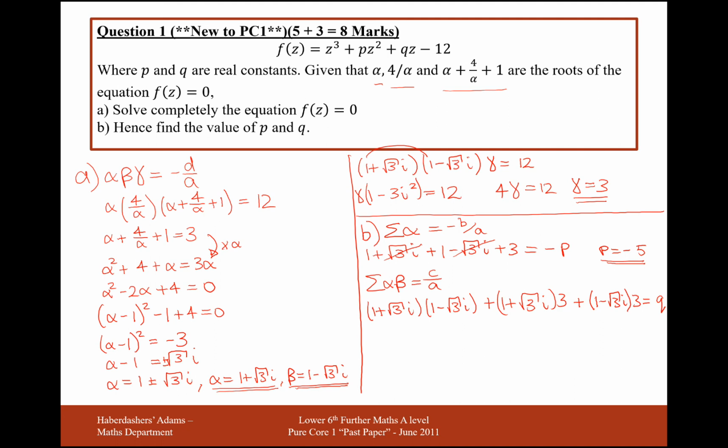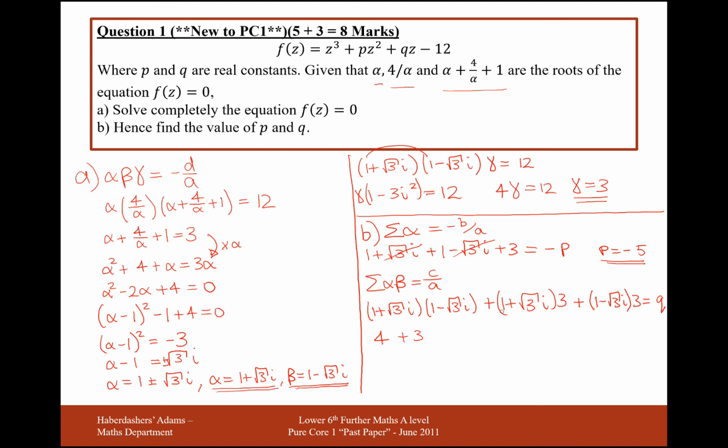Now, let's simplify what we can here. I've done this calculation before above. That was 1 minus 3i squared. That got me 4. This part here is going to give me 3 plus 3 root 3i, but I can see at the back here that's going to cancel out with minus 3 root 3i, so I'm not going to write that down.